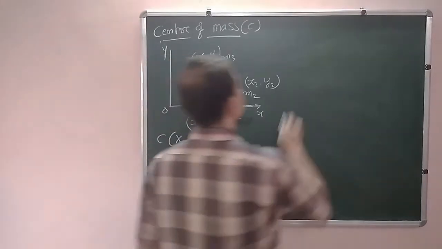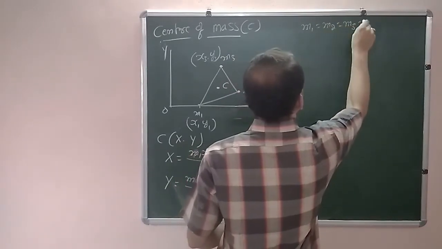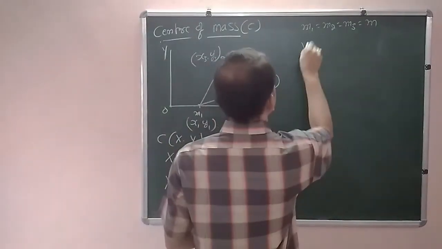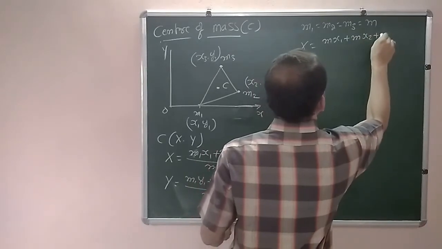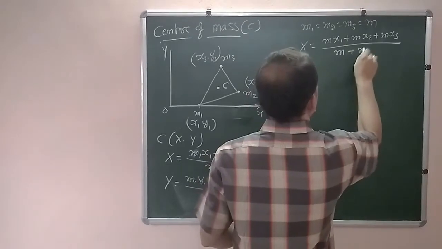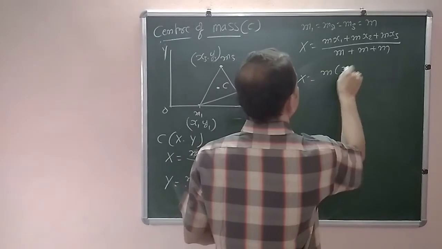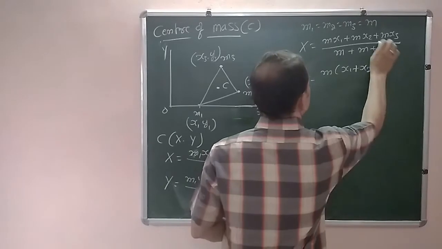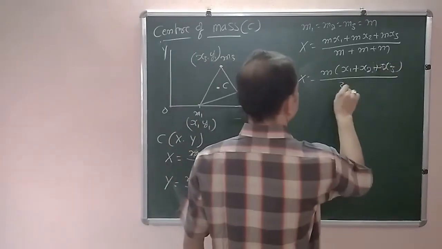Now if the masses are equal, that is m1 is equal to m2 is equal to m3 is equal to m, say, then look at the coordinates. Now X becomes m x1 plus m x2 plus m x3 divided by m plus m plus m. In the numerator m is common, therefore it is x1 plus x2 plus x3 divided by 3m.